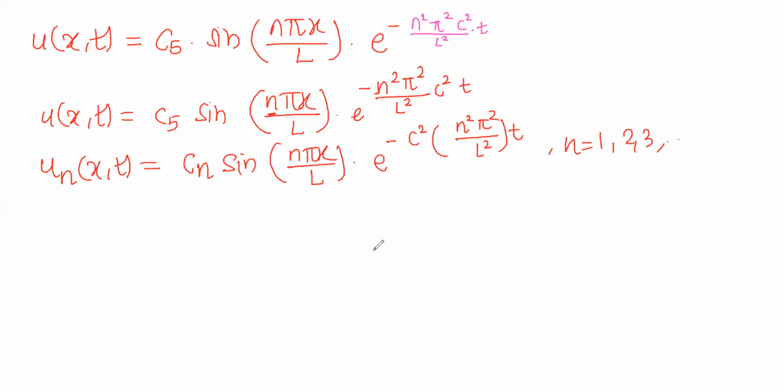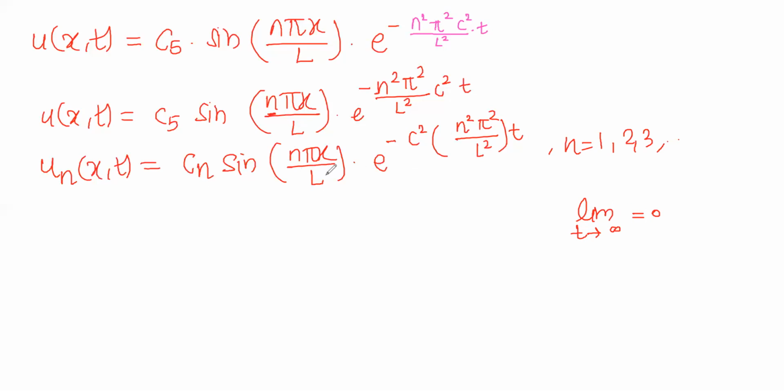So our goal is to find a solution which, when t tends to infinity, should go to 0. So this part will have no problem, but if n is negative, then this part will tend to minus infinity, which will be wrong.